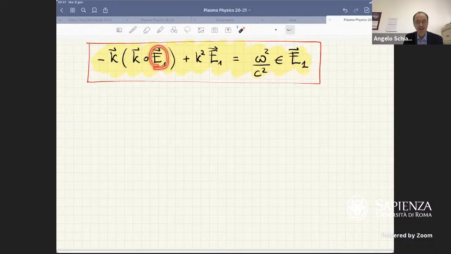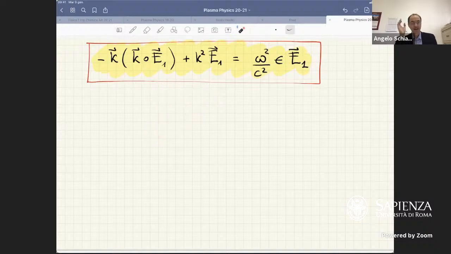The E1 is the perturbation to the electric field, and this represents what is actually propagating inside the plasma. And the k vector has in itself the wave number, so the wavelength of the wave, and the direction. And this term here is a spatial term that tells us the relation between the k vector and the electric field vector.